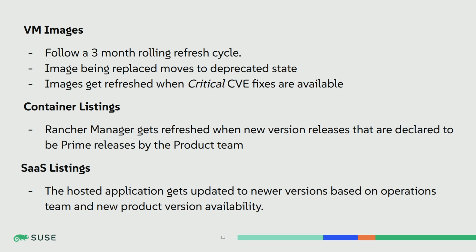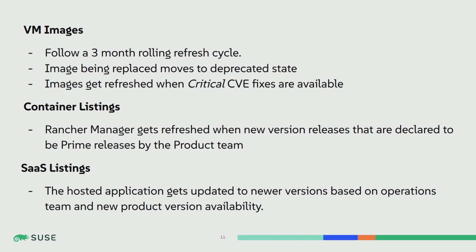Well, the 45 months include the extended overlap service pack support, SPAS. In those 18 months, images get refreshed on this 3-month rolling release cycle. And images that were in the LTSS period only got refreshed when there was a critical CVE release.